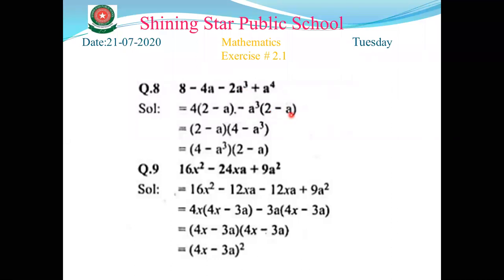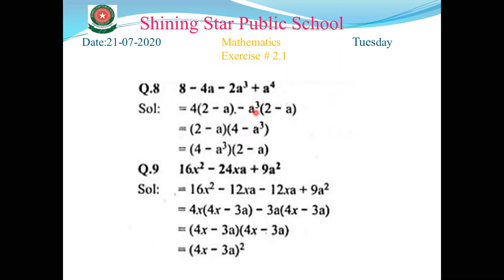So both brackets are not the same. So that's why we take here a cube. Why do we take a cube common? Because we have to make these two brackets the same.